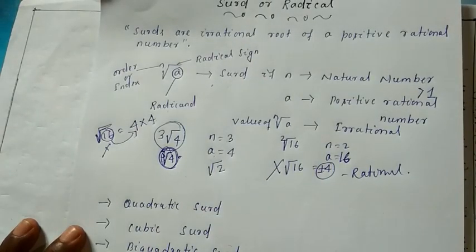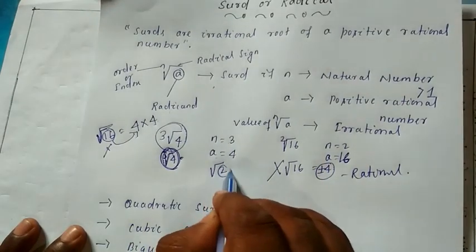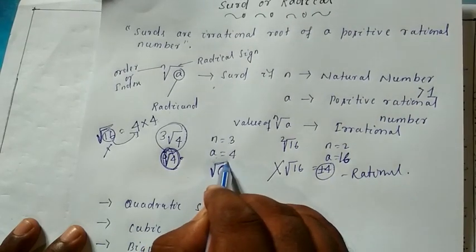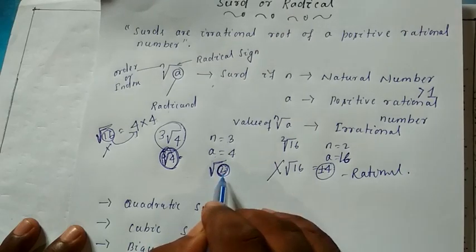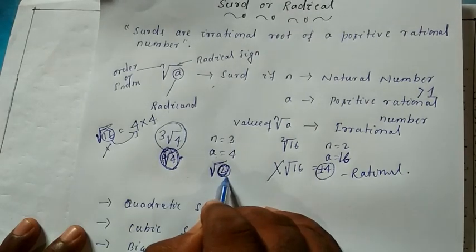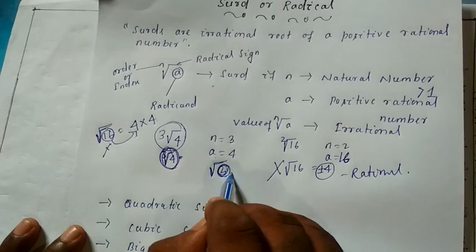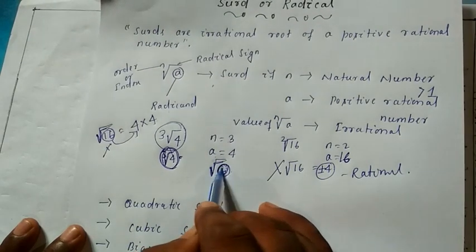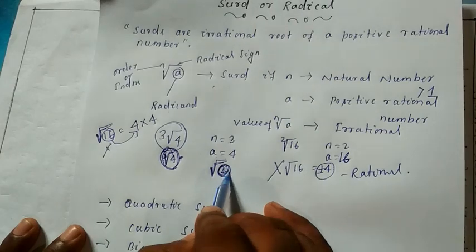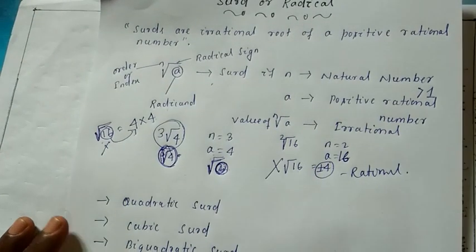Square root of 2: here listen. 2 is a rational number which cannot be written as the square of a rational number. If you multiply any rational number by itself, do you get 2? No. So square root of 2 is an example of a surd, but square root of 16 is not.